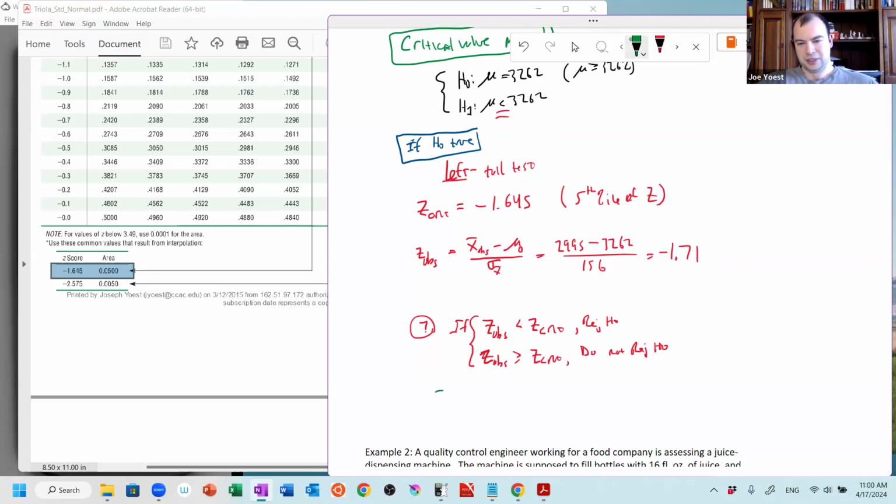And now we can say, since Z observed of negative 1.71 is less than negative 1.645, which is Z critical, this less than is because it's a left tail test, we reject H naught in favor of H1.